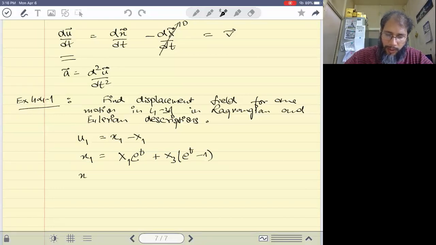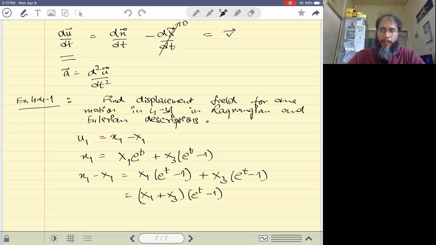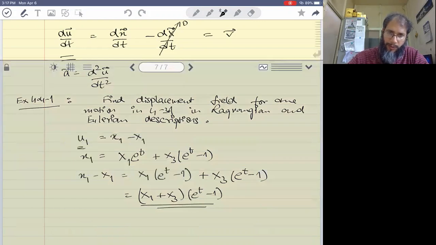So if I write small x1 minus capital X1, this becomes capital X1 (e to the t minus 1) plus capital X3 (e to the t minus 1). All right, so that's your U1 in the Lagrangian description.